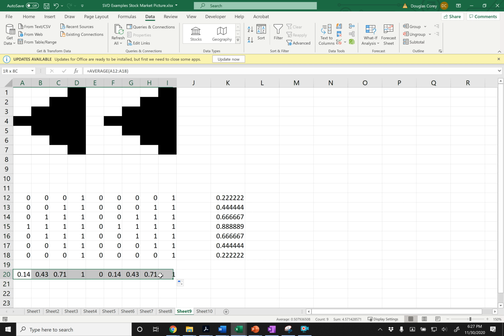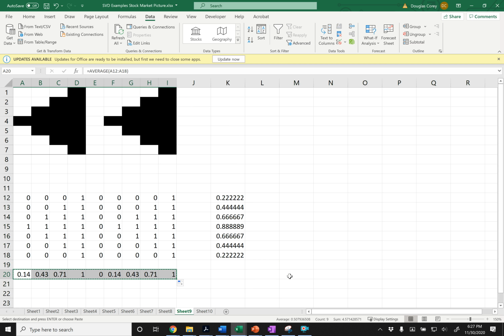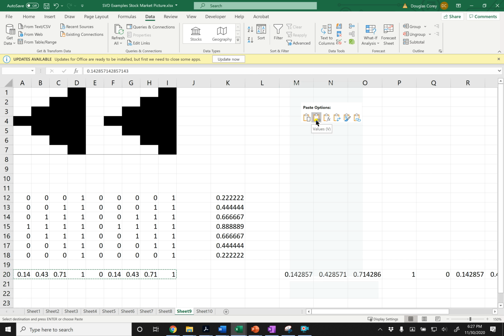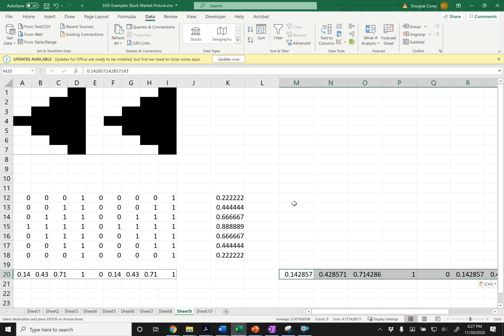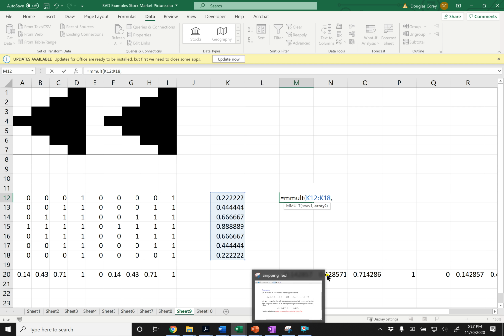But to do that, I need to copy this. Okay, now the easiest way to do the multiplication with this times this is actually just to do a matrix product, where I take this column and multiply it by this row.